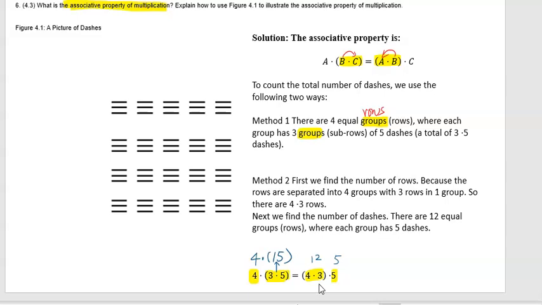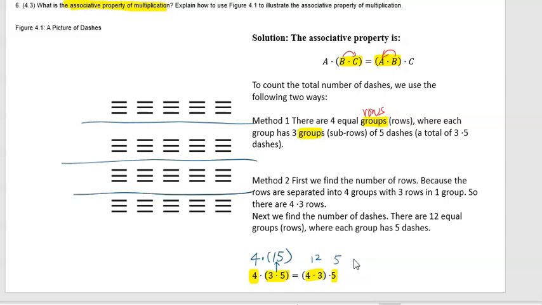The way we count the total number of rows is, we still can separate them like this. We have 4 groups, and each group has 3 rows, or I call them sub rows. So the total number of rows: 3 rows here, 3 rows here, 3 rows here, 3 rows here.